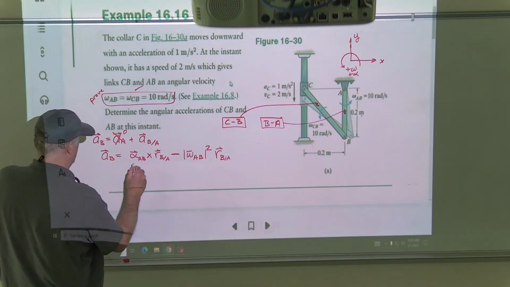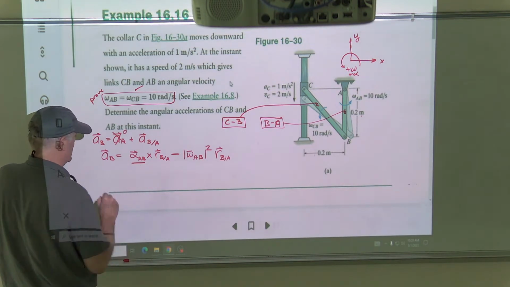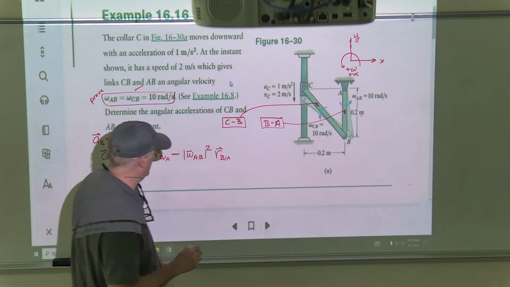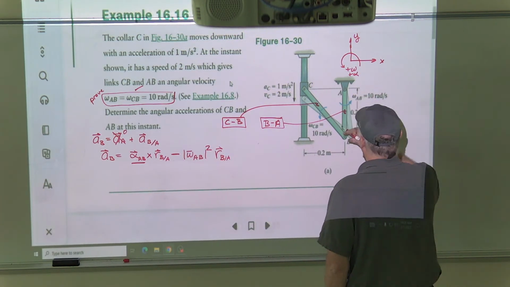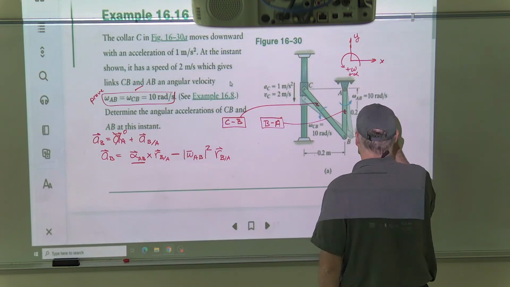So we do not know. What do we not know? That. We don't know that. But now we have to come up with this as a vector. And luckily, he set our geometry nice. We have our coordinate system.